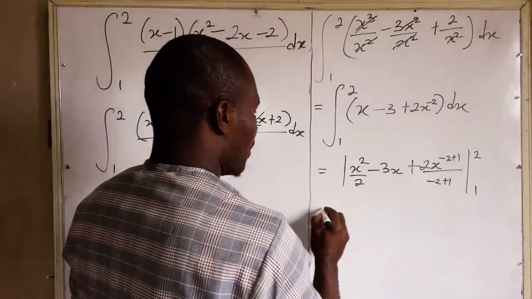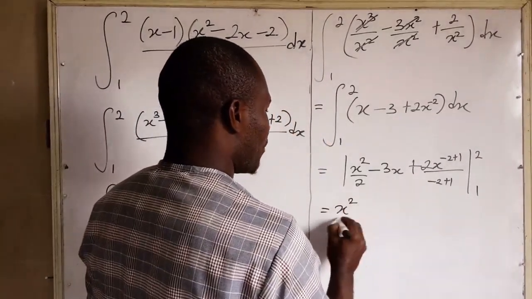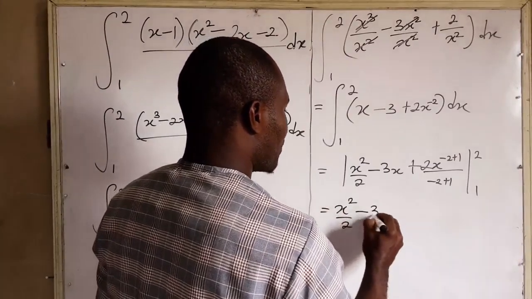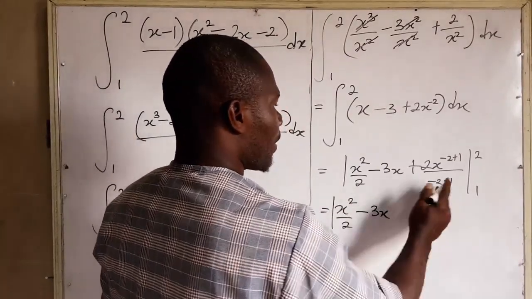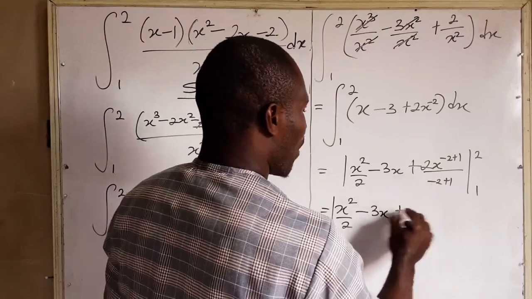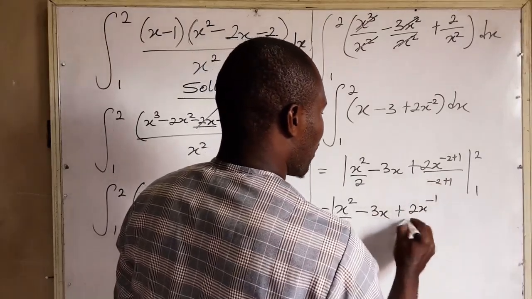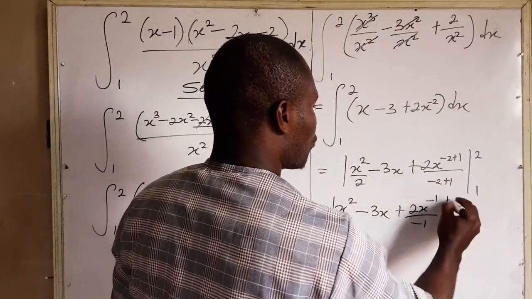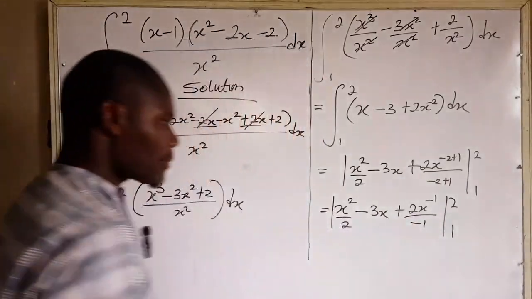Therefore, it will give you x squared over 2 minus 3x, and this will now turn to plus 2x to the power of minus 1 over minus 1, from 1 to 2.